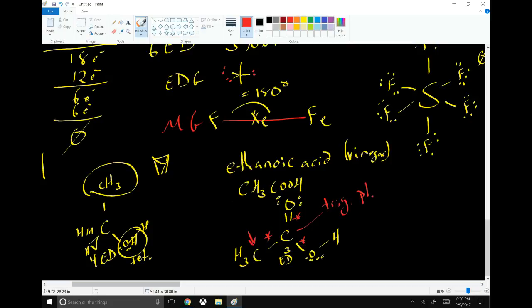But this carbon over here has 4 electron domains, so it's still tetrahedral. This guy over here is bent. So extended geometries means you get multiple smaller geometries, one at each center along the chain, as it were.